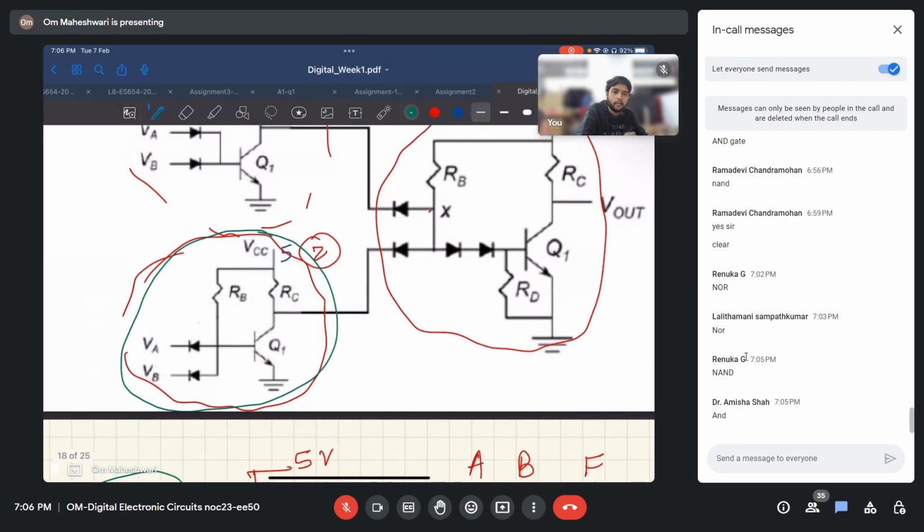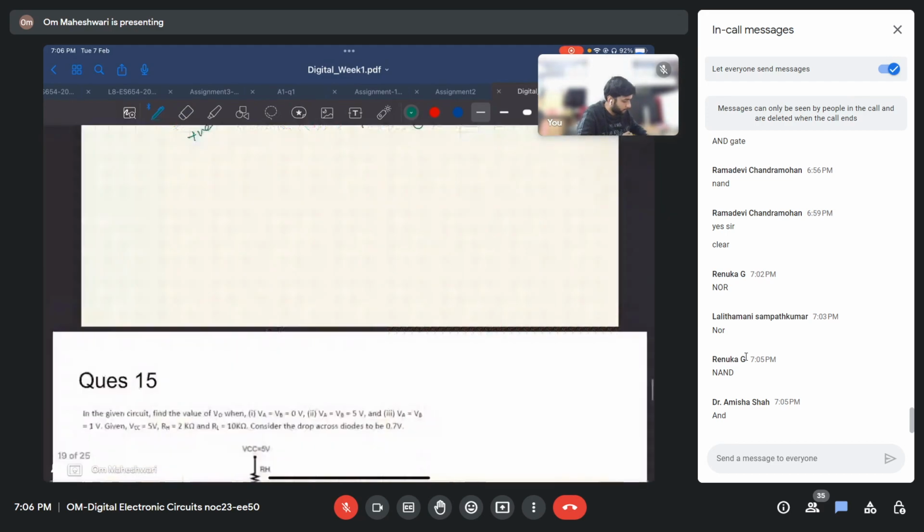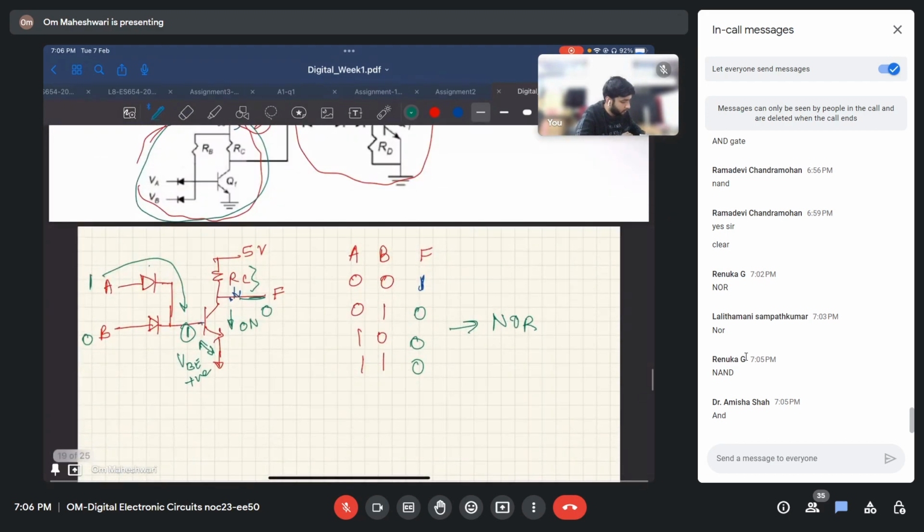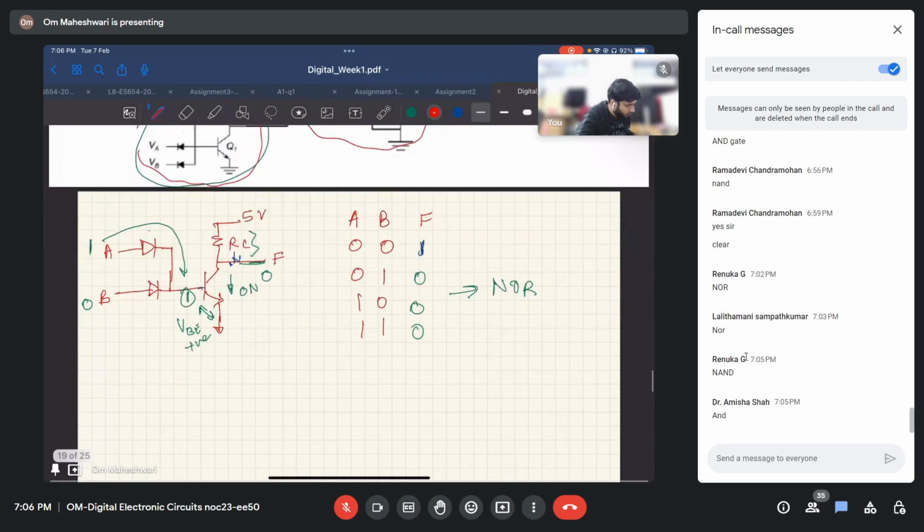Renuka has written NAND and Dr. Amisha Shah is saying AND. Okay, let us see what it is. So we will do a similar analysis. Just draw it quickly.